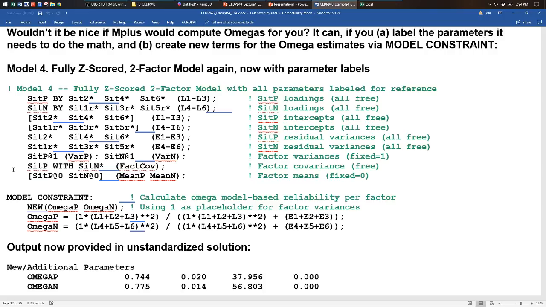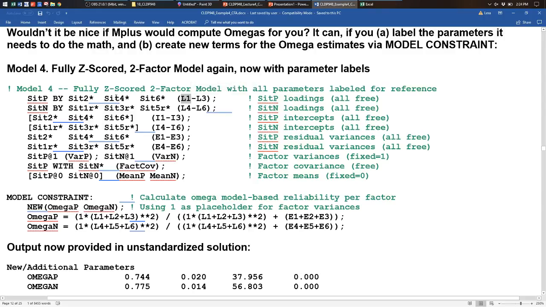So this is a new system of language that we haven't seen yet, in which the things in parentheses are labels. They are user-defined labels that refer to the estimated parameters in each line. So for instance, in my two-factor model, I have labeled the loading for item 2 as L1.